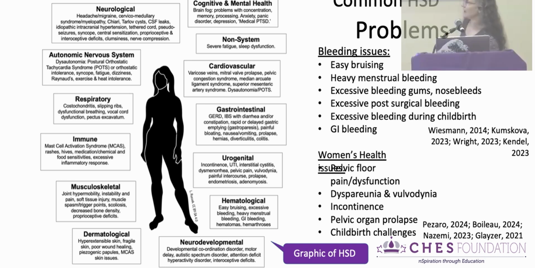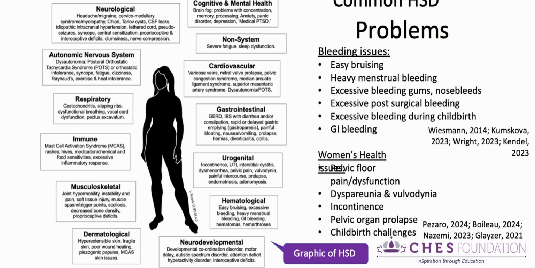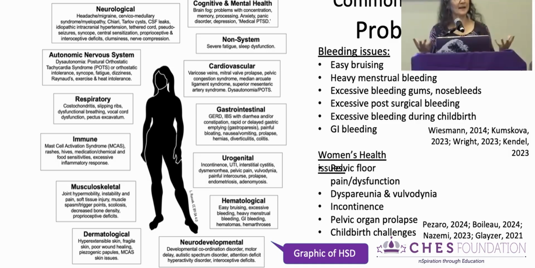This is a graphic of the different symptoms in hypermobility, and you can access it on my website, so you don't have to take a picture of it. I'm not going to read all the different symptoms, but you have connective tissue in every system in your body. Therefore, every system in your body might be affected by it. Not everybody has all the symptoms, but you may have any of those.